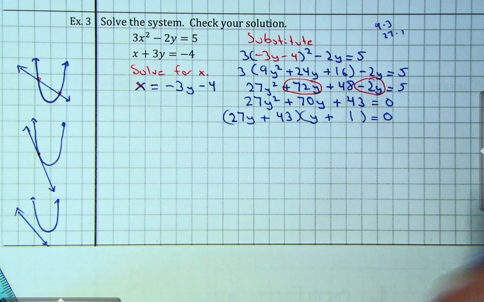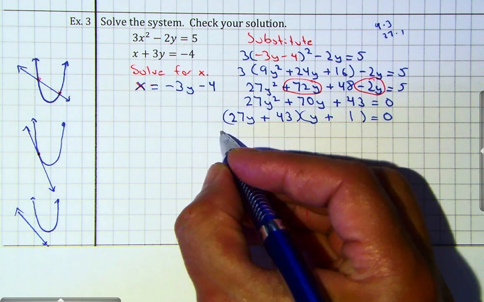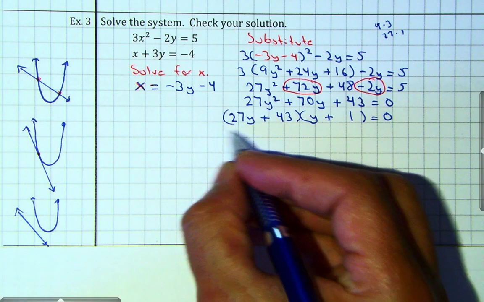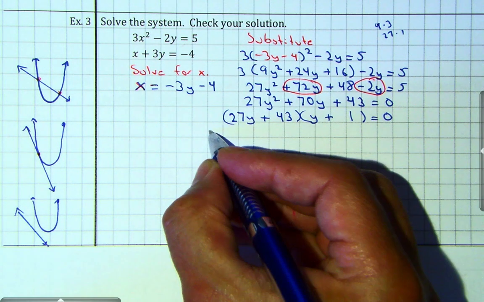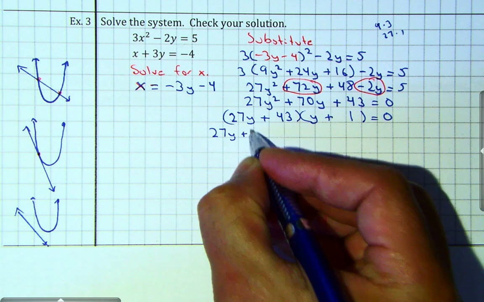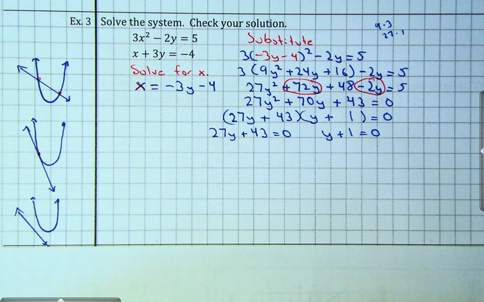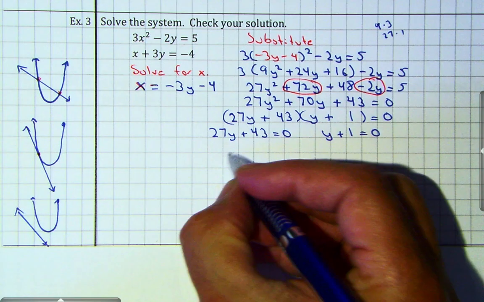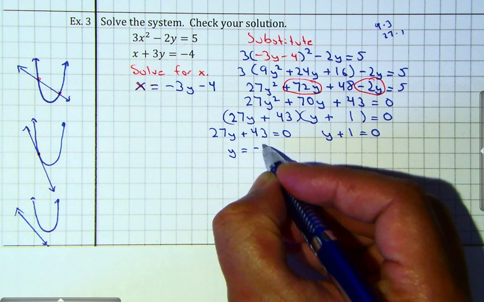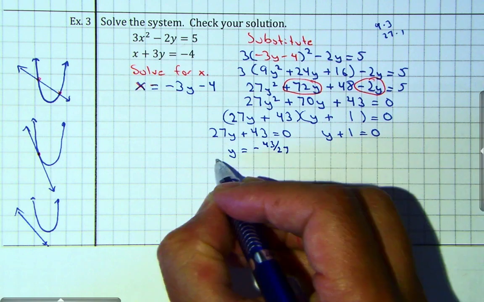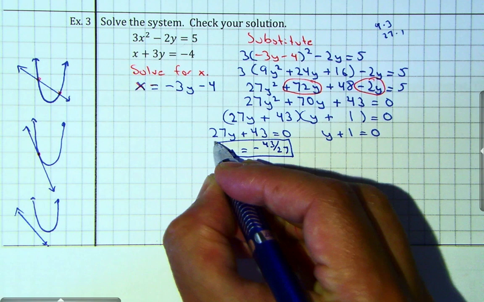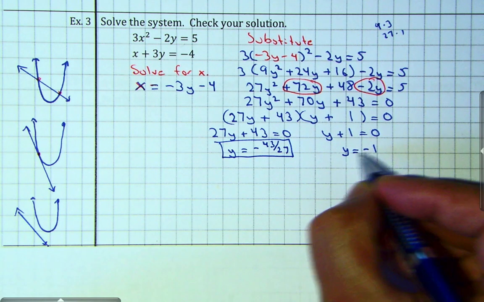And now we can use the zero product property. Because they're multiplying and they equal 0, either 27y plus 43 equals 0 or y plus 1 equals 0. Therefore, y equals negative 43 over 27 and y equals negative 1.